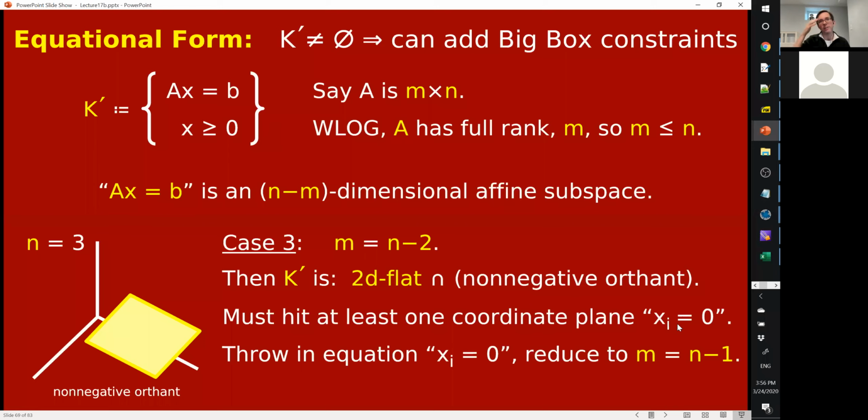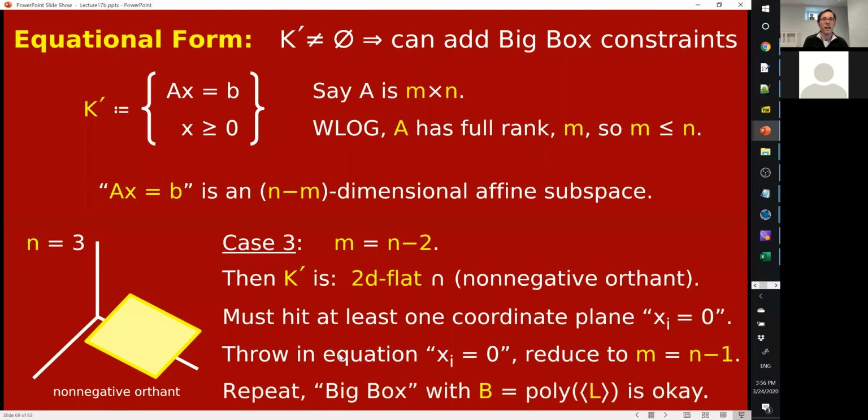And then you can inductively argue that you can reduce from n-1 to n, et cetera. And so what I'm trying to say is no matter what m is, whatever the rank is, if there's a solution, then there's some fixed integer b, with polynomially many bits that you can write down, bigger than any output of Gaussian elimination or a linear system solver, that's sure to include at least one feasible point.